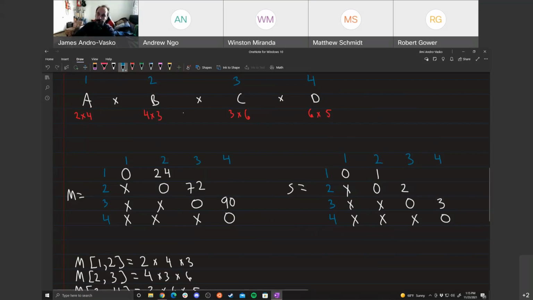Either we can have B times C and multiply the result to A, or we can put the cutoff point here, where we take A times B, and that result multiplies to C. So there's 2 ways we can do this.